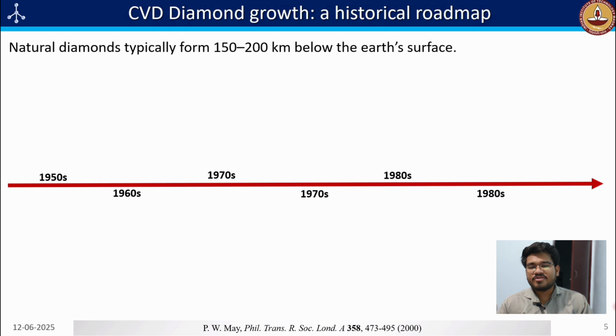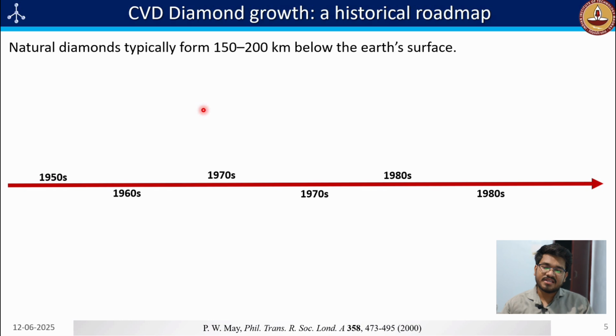So going back to the history roadmap, scientists wanted to grow diamond in a lower pressure environment because a higher pressure environment requires high-cost machinery, which is also not cost effective. We know that diamond is grown 150 to 200 kilometer below the earth's surface, where the pressure and temperature are really high and make a thermodynamically favorable situation for diamond to grow naturally.